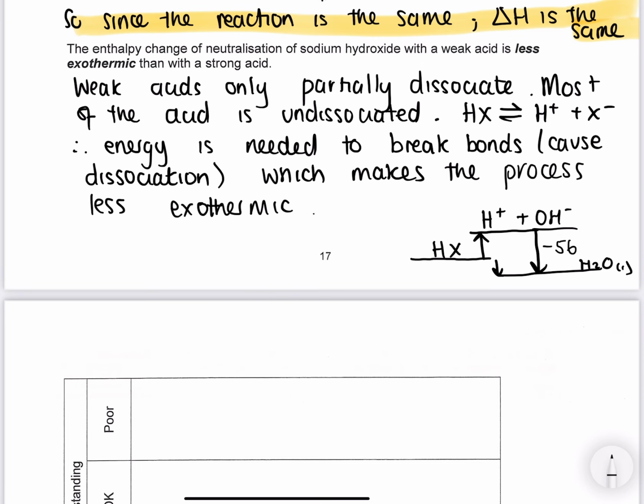What that means is our delta H is less negative than the strong acid, because the first thing we have to do is put energy in to cause dissociation before energy can be released on neutralization. And so our delta H is the difference between the energy in and the energy out, and so it is less negative.